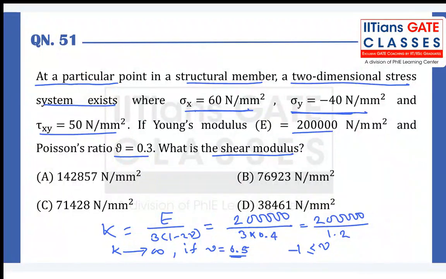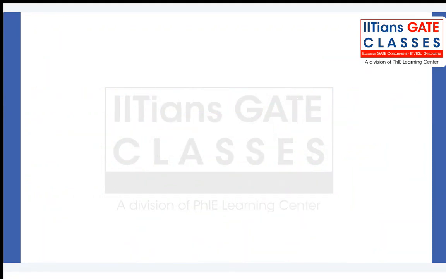Now tell me why Poisson's ratio cannot be lesser than -1. Can anybody? So what is your G? G is E upon 2 into (1 plus nu). What is K?